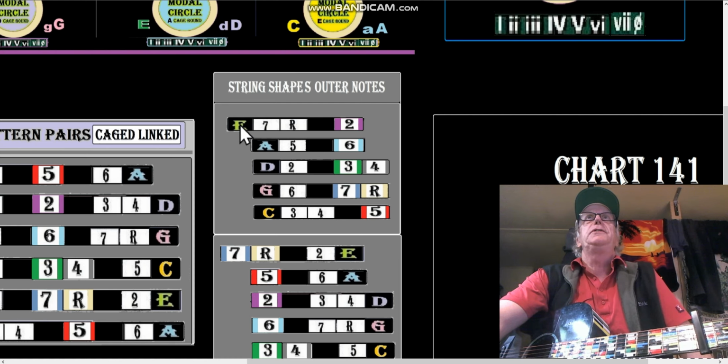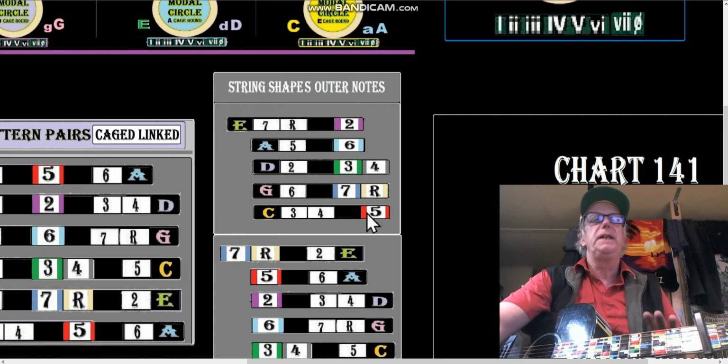The E shape is going to be the 7 root 2, the A shape the 5, 6, the D shape the 2, 3, 4, the G shape the 6, 7th, and the root, and the C shape the 3, 4, and the 5 of any key.